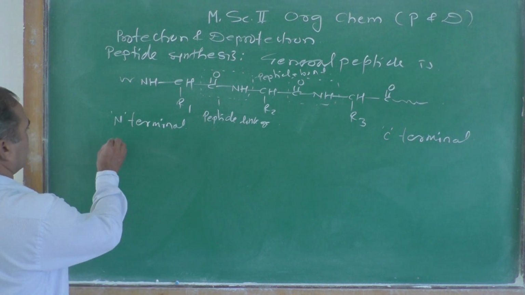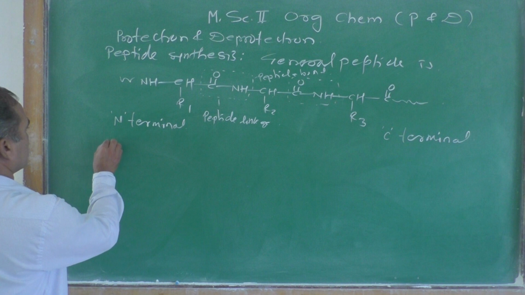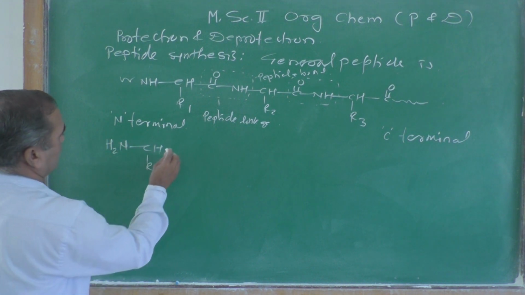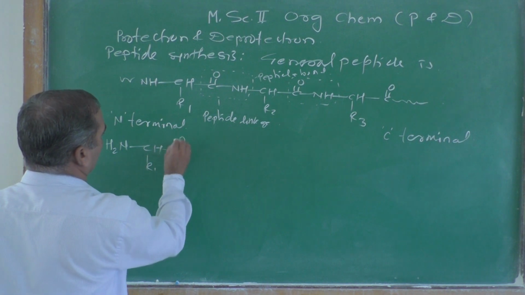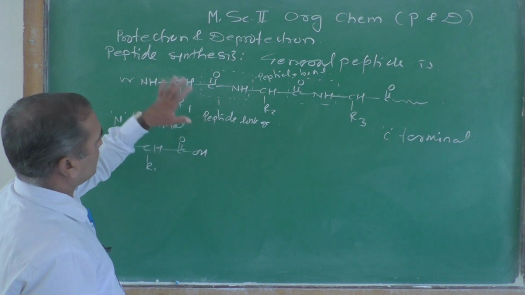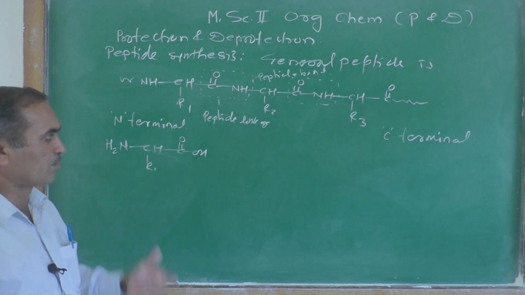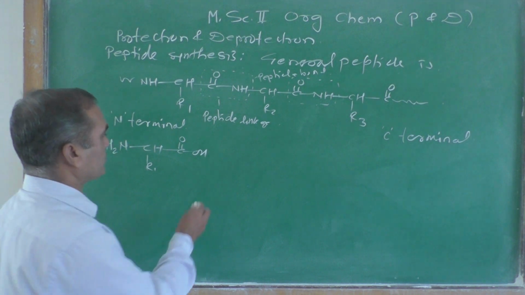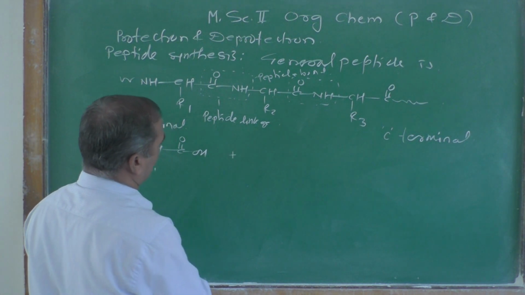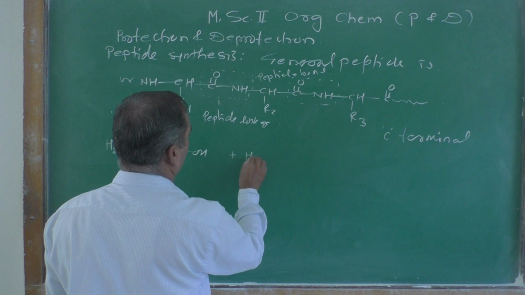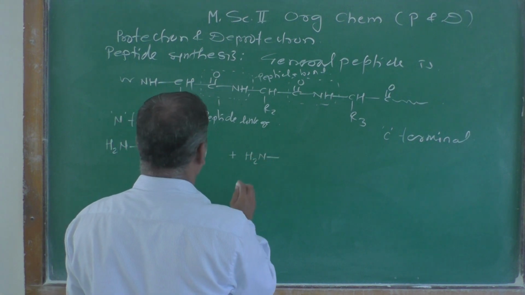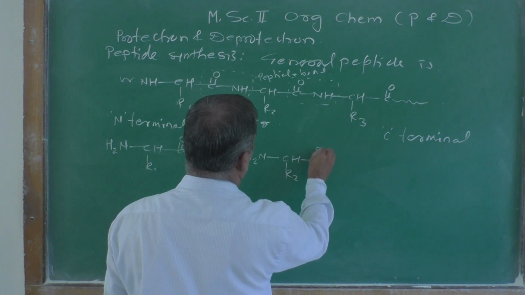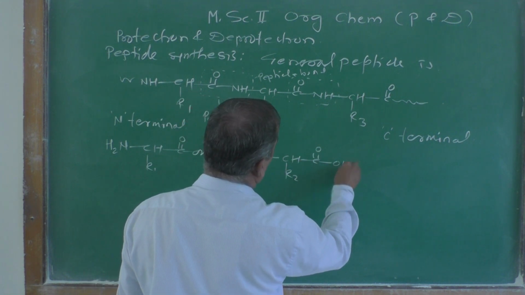Here H2N, then CH, R1, then C=O, OH. We write this carbonyl group so that we can understand how the reactions take place. Now another one: H2N, CH, R2, C=O, and OH.